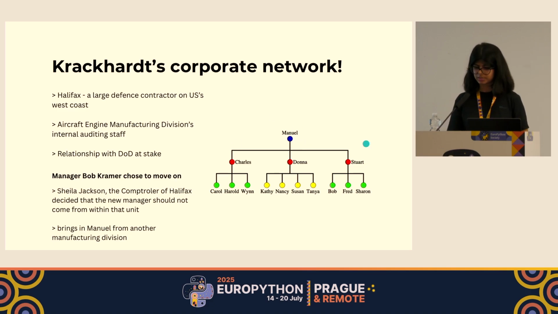Now, if we look at this graph, the green ones are auditing teams. The yellow ones are secretaries. We have managers over here and the manager of managers over here. When Manuel just joined this team, he realized that even though the performance was suffering, the auditors, the green ones, had basically no idea that their performance was lacking.